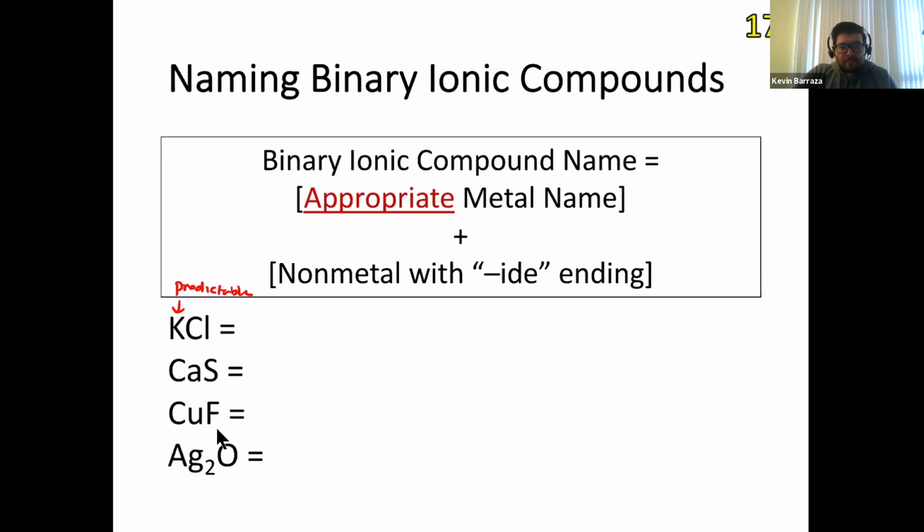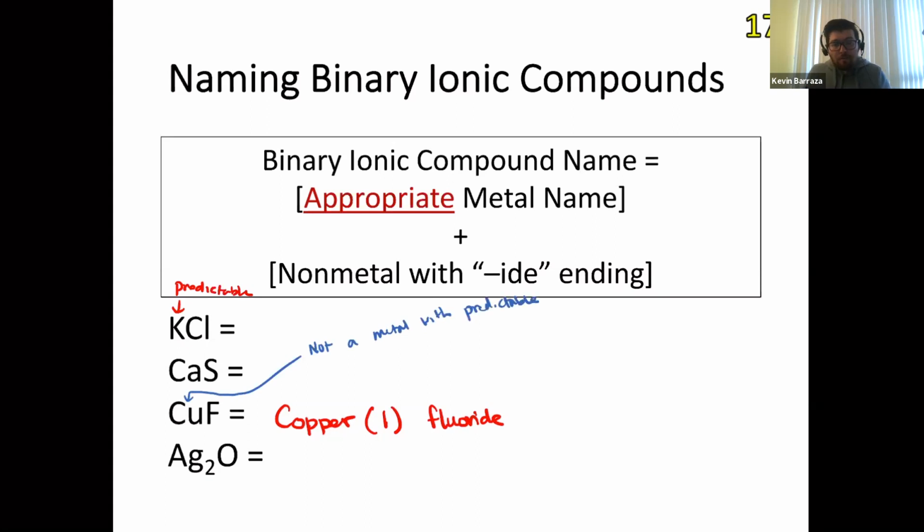This one, now where is Cu on the periodic table? Now this is where we have to be careful. So this is going to be copper 1 fluoride. Why is it copper 1 fluoride? This is not a metal with predictable charge.